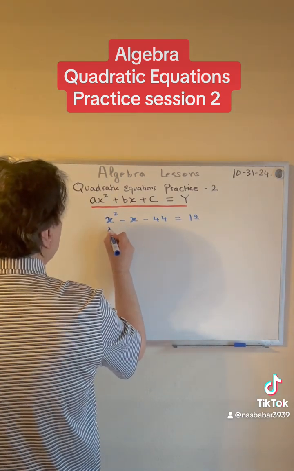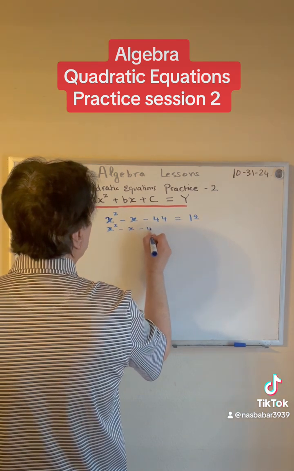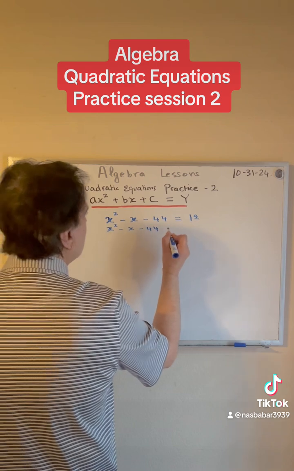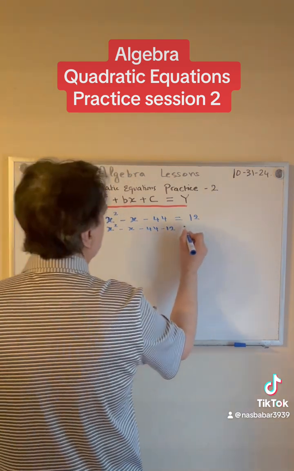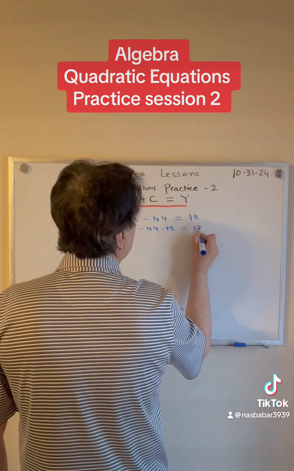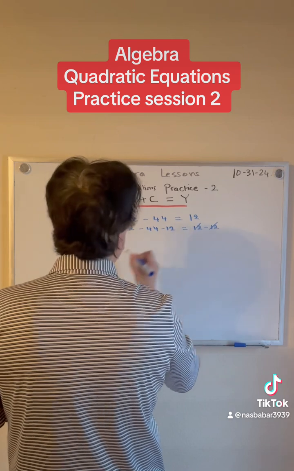So what I do is say x squared minus x minus 44, and I subtract 12 from both sides. I did minus 12, so I have to do the same thing on the right hand side. So this 12 will cancel and I'll get 0.